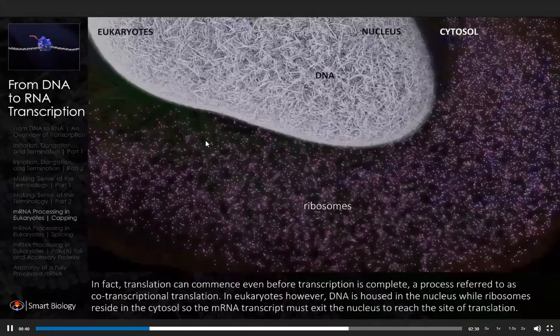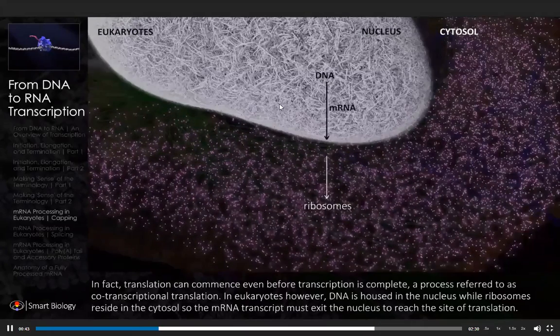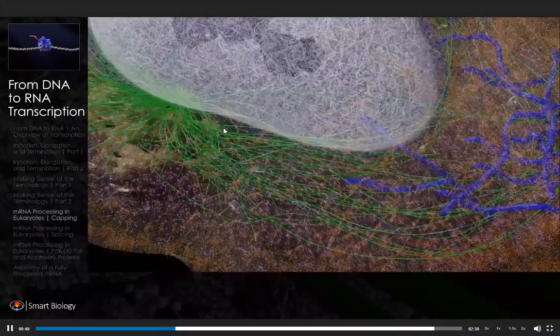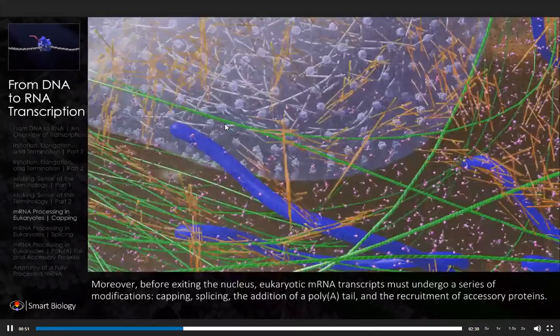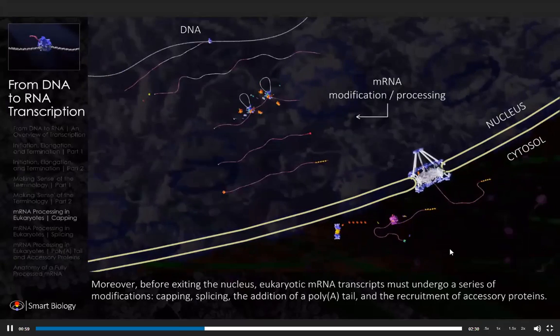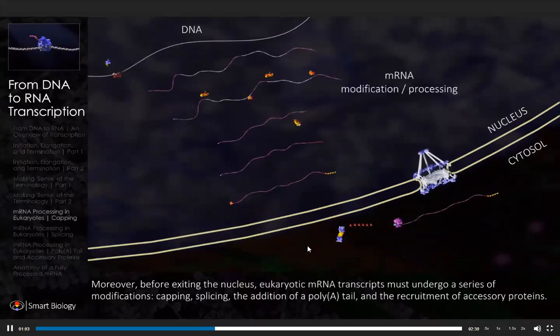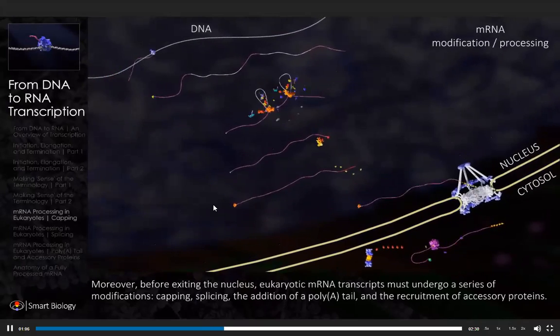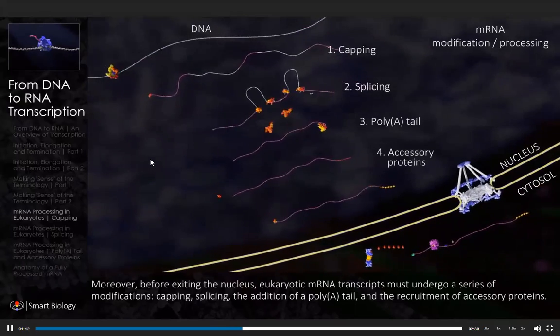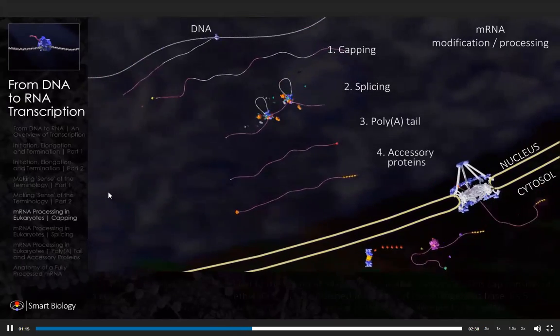But in eukaryotes, we have a separate nuclear membrane, and so we need to find a way for the mRNA to pass the nuclear membrane and to come into the cytosol to be translated. So they should therefore undergo a series of changes called capping, splicing, and tailing, which we are going to look at now.